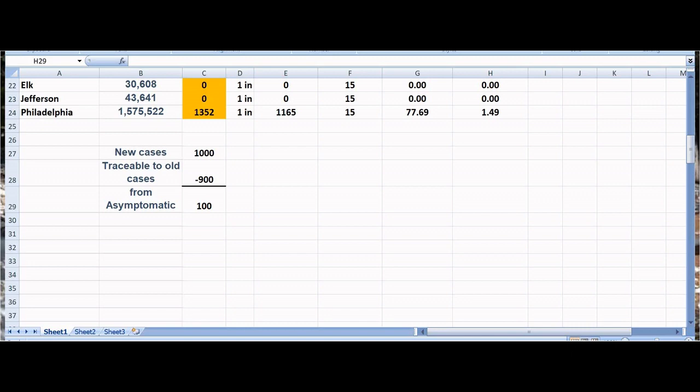That's what I show in this little example of new cases 1,000 and say 900 cases can be traceable. That'll show us 100 cases that are from asymptomatic carriers.